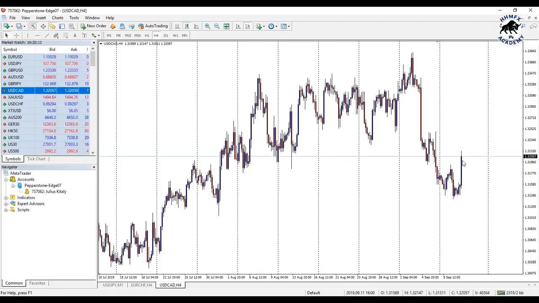So anything below this area is where you can find your support. So we expect to see support below the current action of the market, below this price.